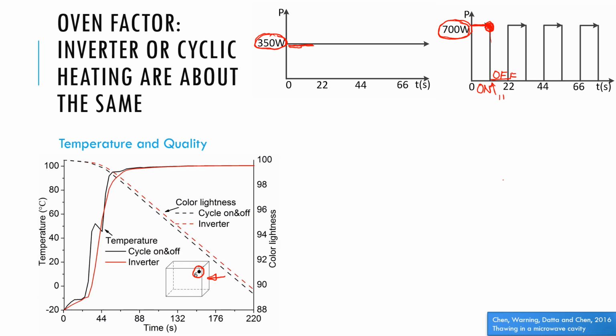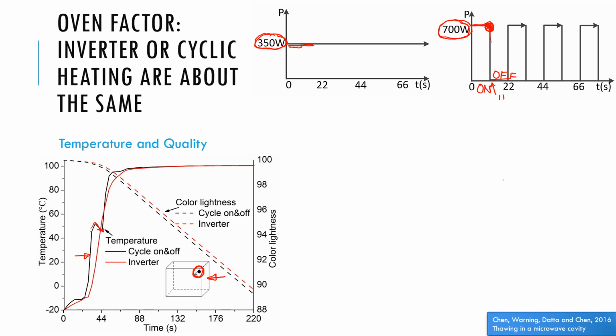So here you see this black line is the temperature at that corner location with time for the cycling condition. Because it's the cycling condition, you can see this kind of effect, that when it's off, the temperature in this location actually just cools a little.